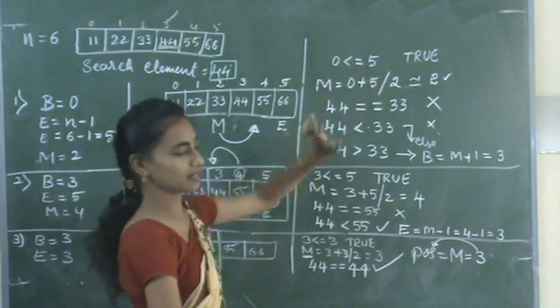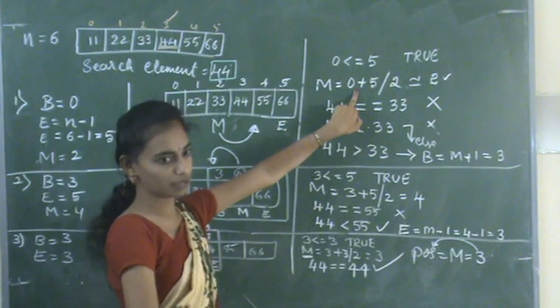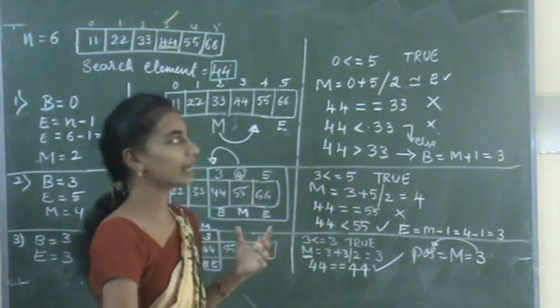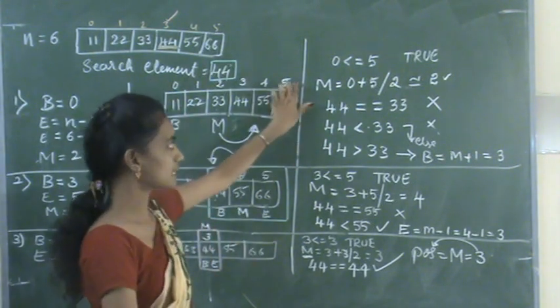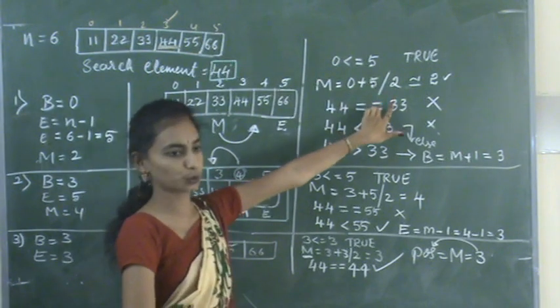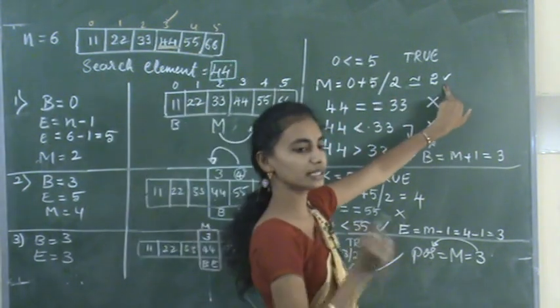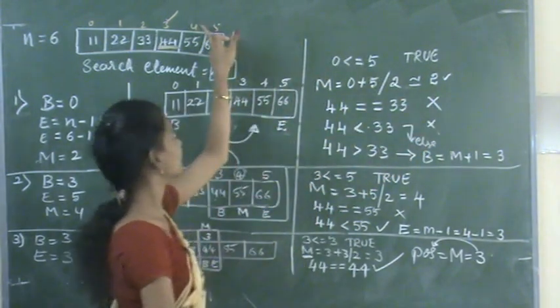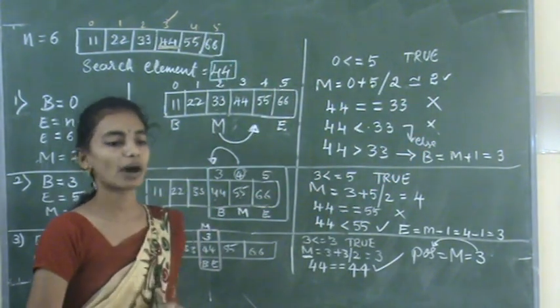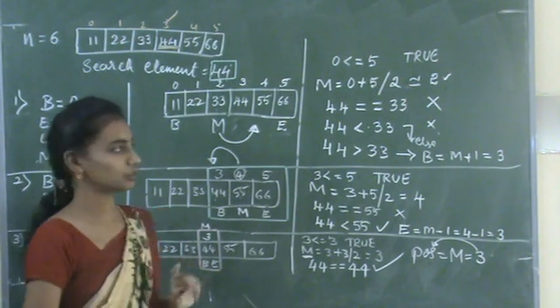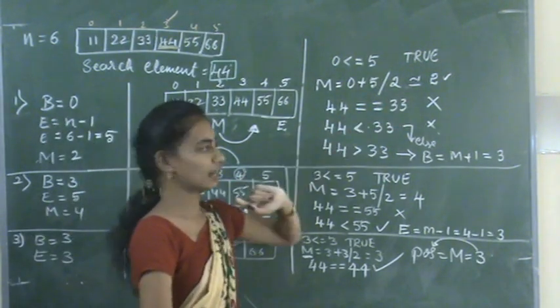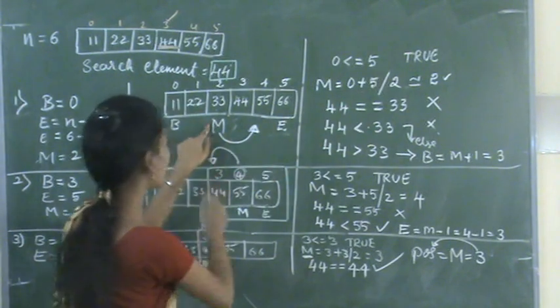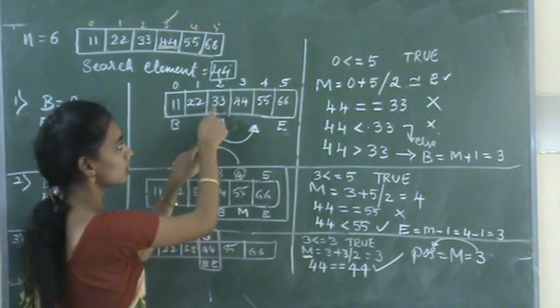If it is present, we need to find the mid value. How will you find the mid value? Beginning plus ending divided by 2. For that we need to take only the integer value, not the decimal number. Why? Because the array index is only a positive integer value. So we are taking the integer value, and after this we are finding the mid position of the array.